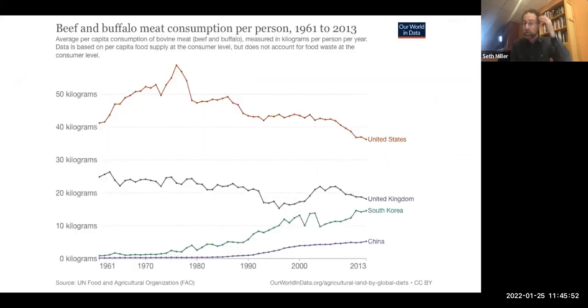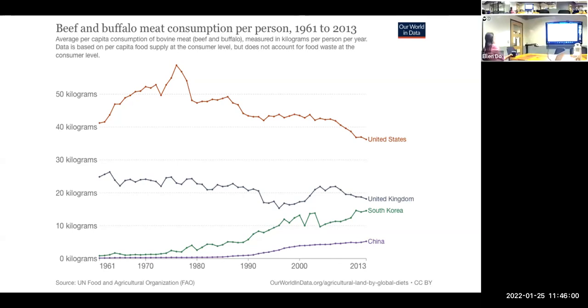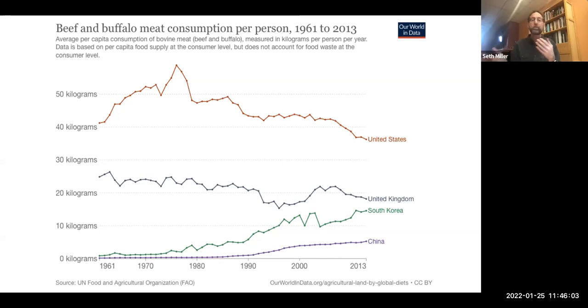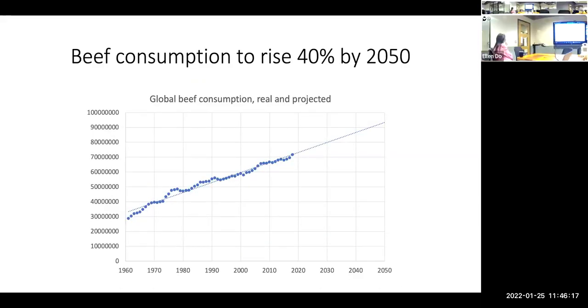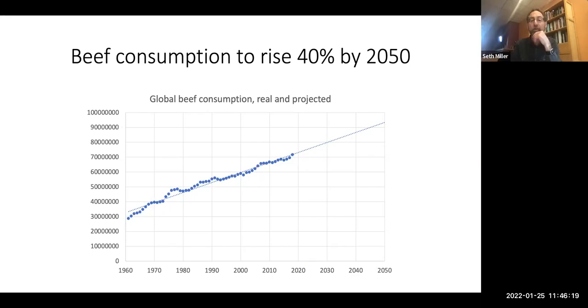And we really need a solution because the growth in meat consumption continues in countries as they develop. If you look at the history of South Korea, they increased their beef consumption as they became richer and richer. In China, we see China's growing middle class is also increasing its beef consumption. And globally, beef consumption is set to rise about 40% by 2050, right?